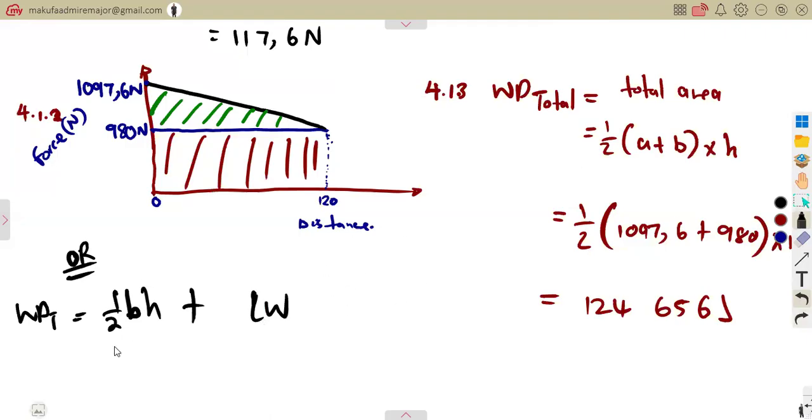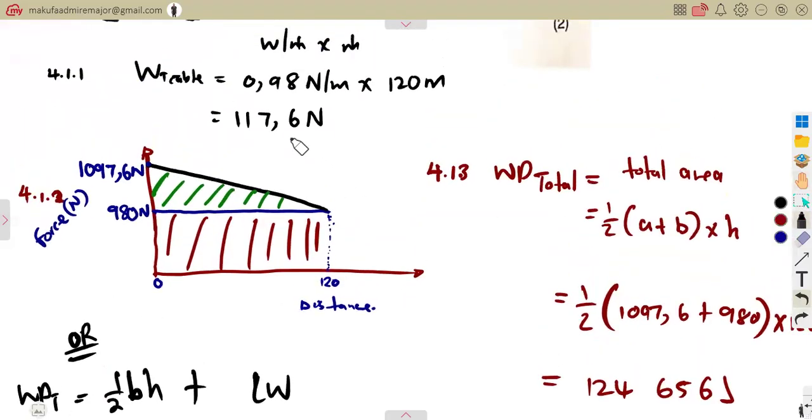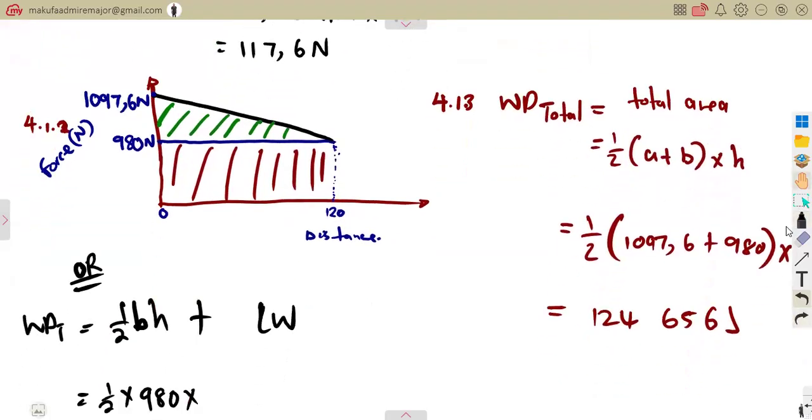So using this, we've got half of the base, which is this whole side, 980, times the height, which is the difference in between that we are given there. And that difference is the weight of the cable of 117.6.